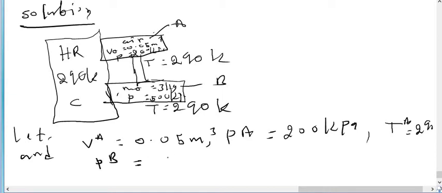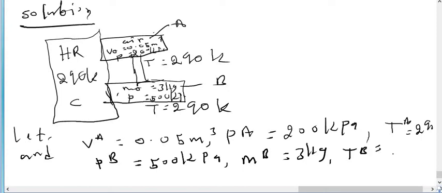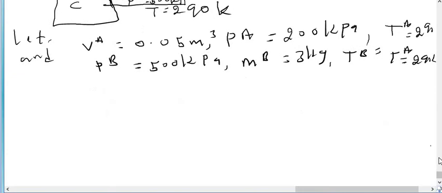PB is equal to 500 kilopascals, and MB, the mass, is 3 kilograms. TB is equal to TA, which is 290 Kelvin.